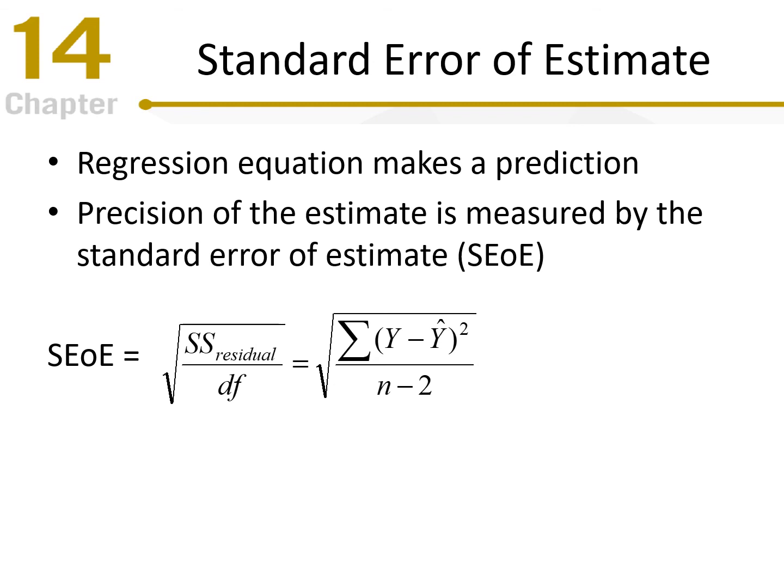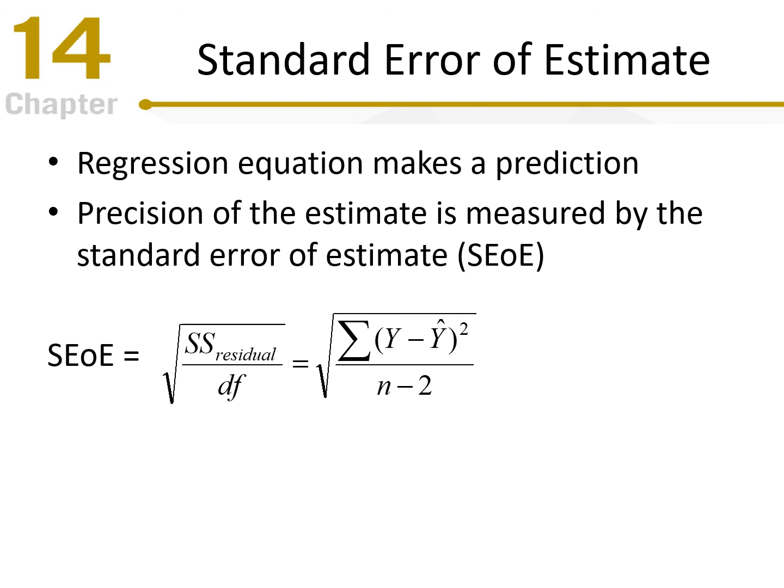So find the squared error in prediction, y minus y hat squared. So y minus y hat is the error in prediction, square that error in prediction, add up all those squared errors, see the sum sign outside there, and then divide that by n minus 2 and take the square root, and that will give you the standard error of the estimate, which is basically the standard deviation of the error.